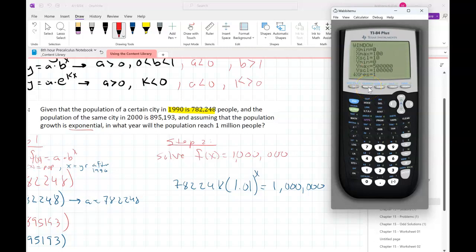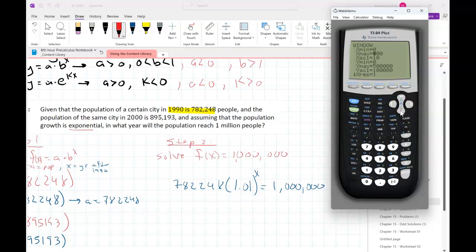All right, now I'm going to set my window. Remember, X is the years after 1990. What's the minimum X I should be concerned about? 0, right? That's the smallest X in my point.